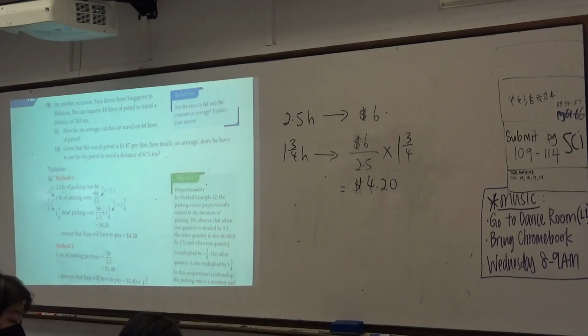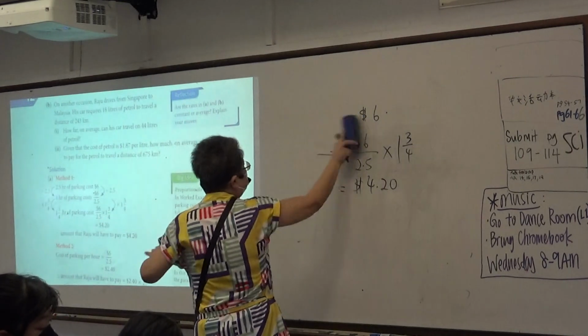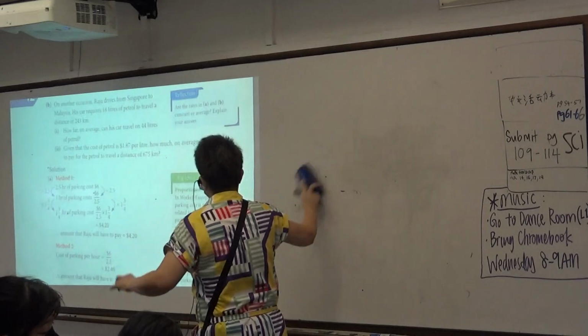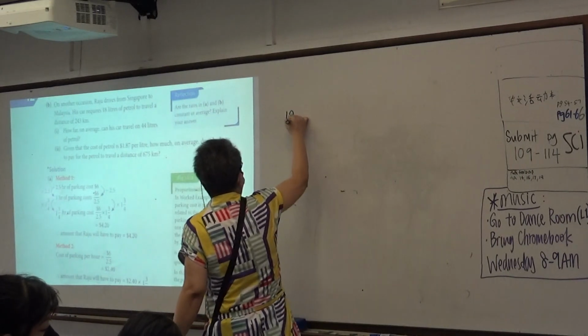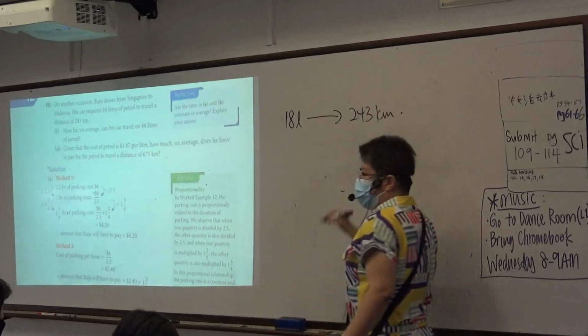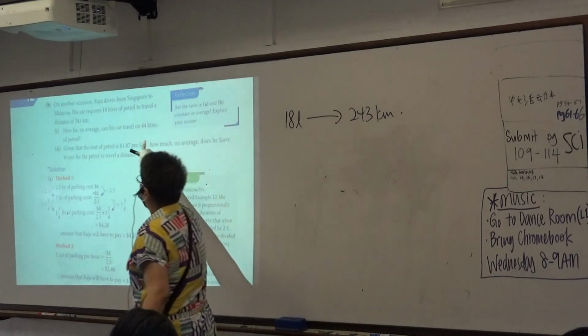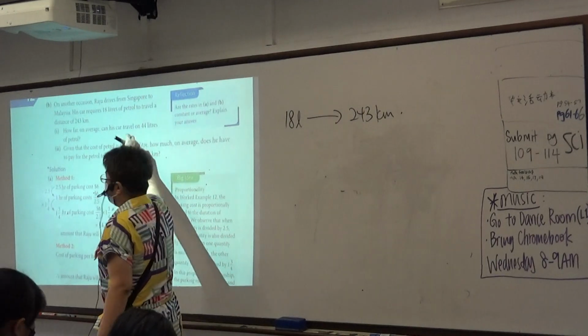How far, on average, can his car travel on 44 liters of petrol? Now, I'm going to represent this. 80 liters, 243 kilometers, right? Now he wants to find how many liters. How much is it? 44.